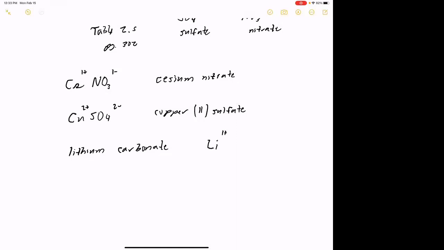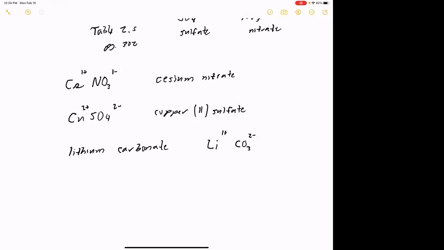Anybody know off the top of your head what the formula and charge for carbonate is, or if you have your table handy next to you? It's not one you see all the time. I'll give you a second, and don't worry if you don't know it. If you go look it up in the table, carbonate looks like this. It's a CO3 with a 2 minus charge.